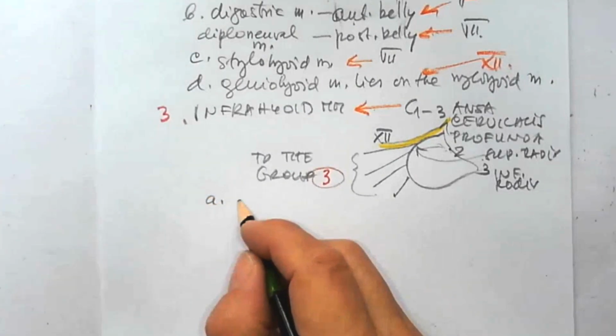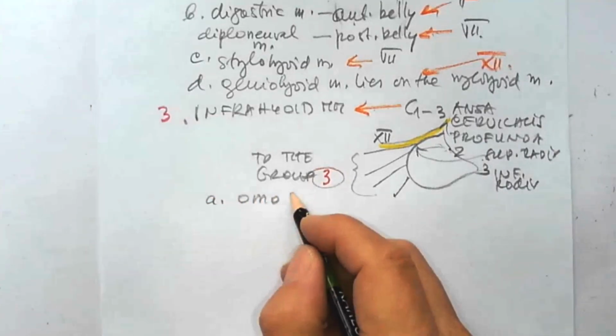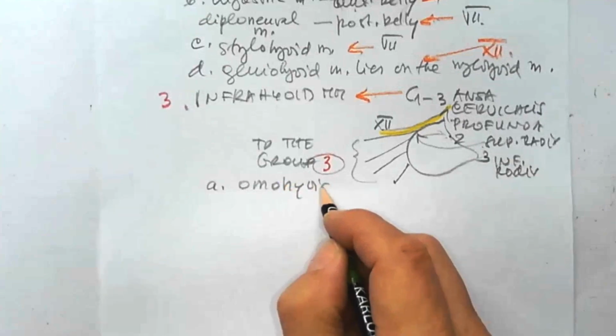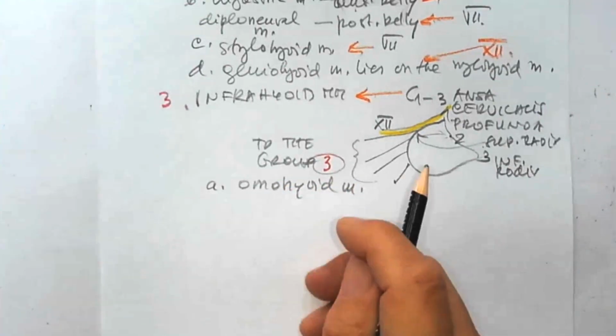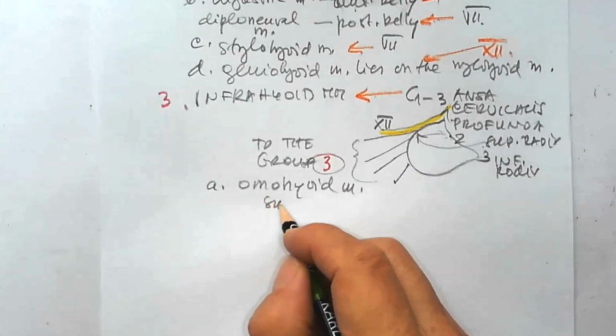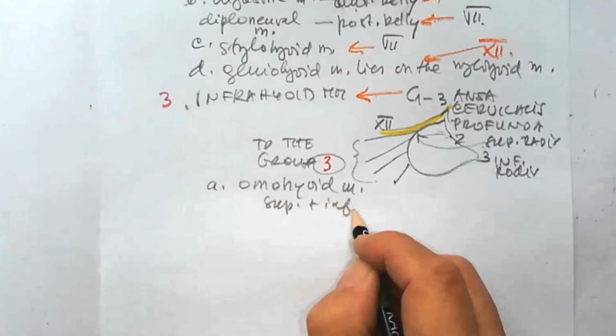The muscles are as follows. The most important for the orientation in the group is the omohyoid muscle. The omohyoid muscle has superior plus inferior belly.